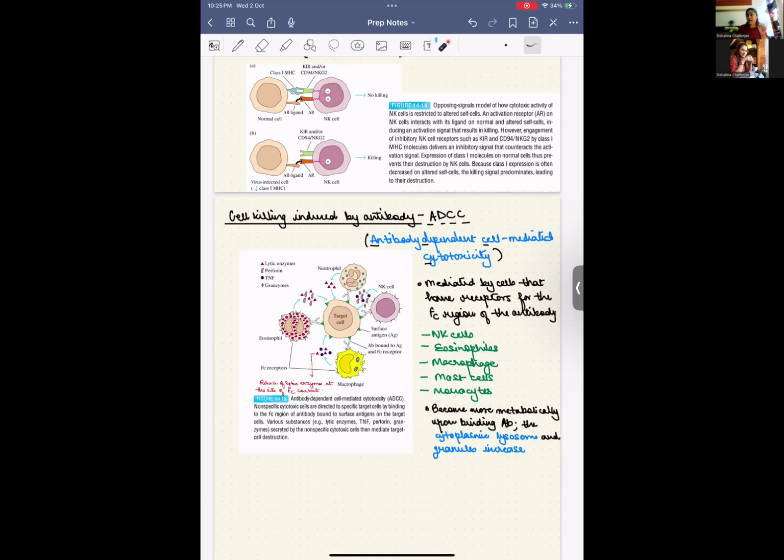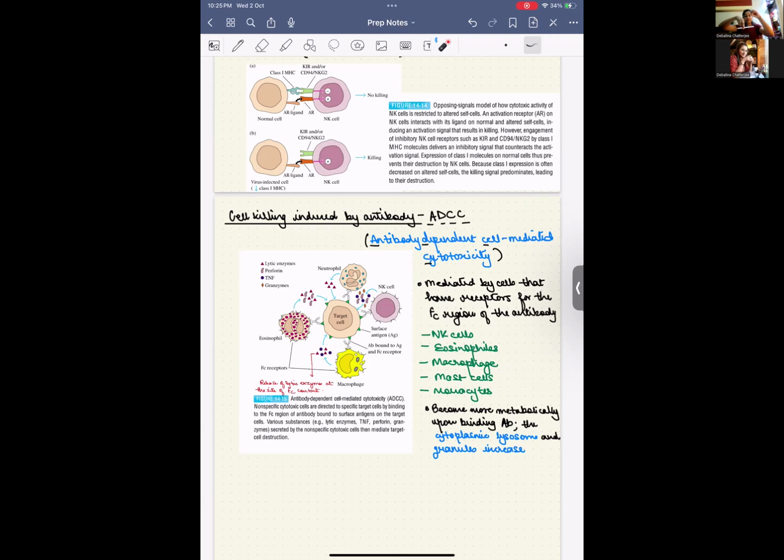Now, if there is a requirement of killing of this particular cell, the binding of antibody to the pathogen is going to signal certain other cells of the innate immune system to come and bind to the antibody molecule, and eventually the clearance or the cytotoxic function will be mediated by those cells that come and bind to the antibody molecule. So if you imagine this, there's a pathogen, we have the antibody molecule binding to it. The binding of the antibody on the pathogen is highly specific.